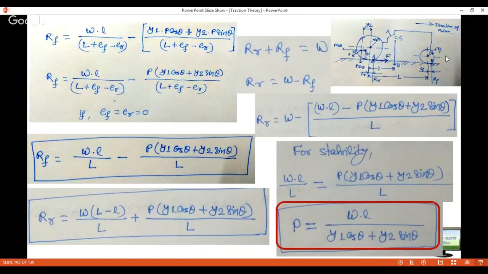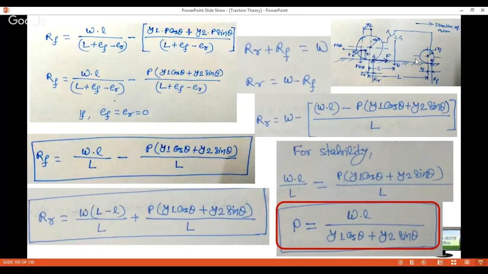Because if you put a very high amount of ballast weight, then the overall weight of the tractor will go up, your rolling resistance will increase, and due to that your fuel consumption will increase. At the same time, if you put very little ballast weight, then your front will start lifting.